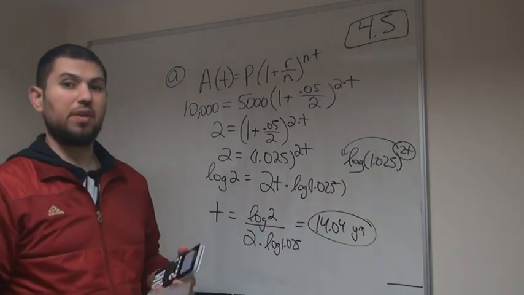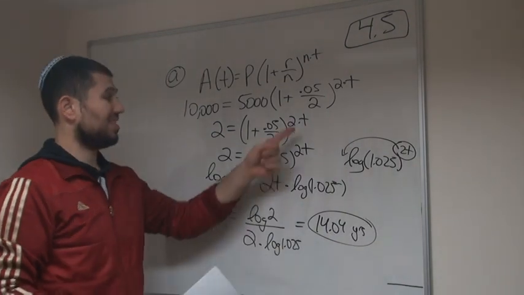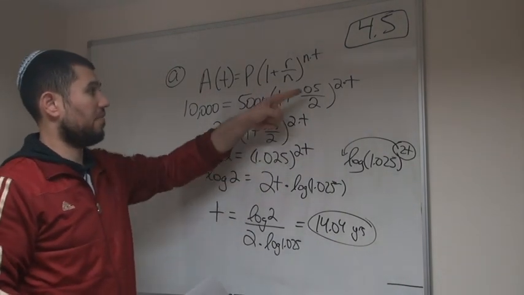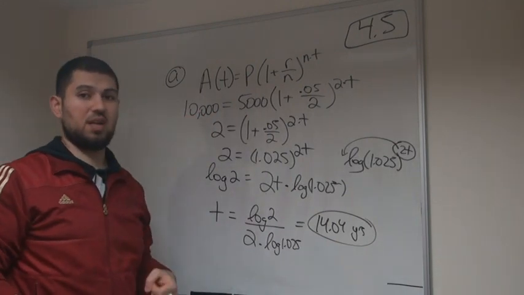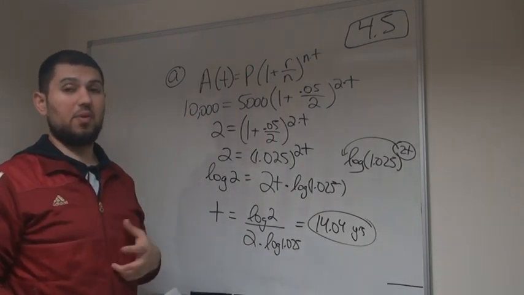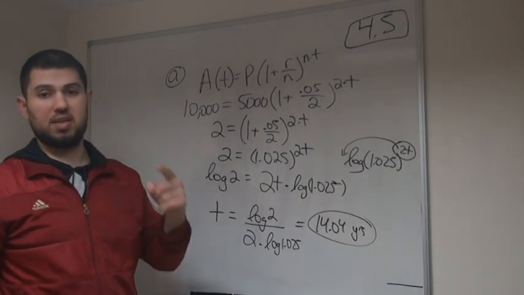It's going to take roughly 14.04 years if the interest is compounded semi-annually, twice a year at 5%, for my $5,000 to get to $10,000. Not bad, right? If I want 5K to go to 10K, it's going to take roughly 14 years. So start saving now, people.